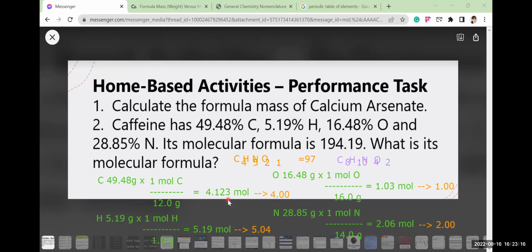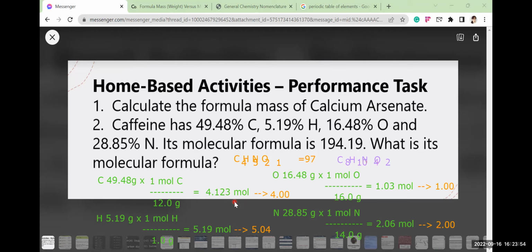Multiply by its atomic weight. And then, add. Wait, anong ginawa natin? Ano yung atomic weight? Yan, 12 grams. Bakit mo imu-multiply sa 12 grams? Wait nga, nalilito ako sa'yo.